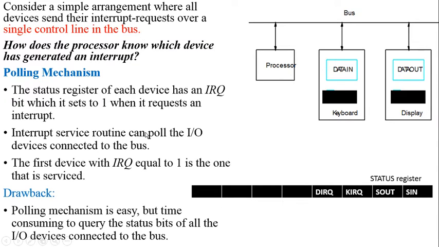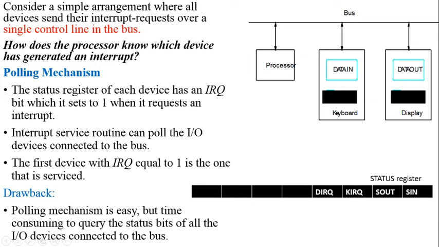That means this polling mechanism is based on first come first serve basis. The device which set the IRQ value as 1 first is serviced next. That is the polling mechanism for identifying the device which generated an interrupt request.